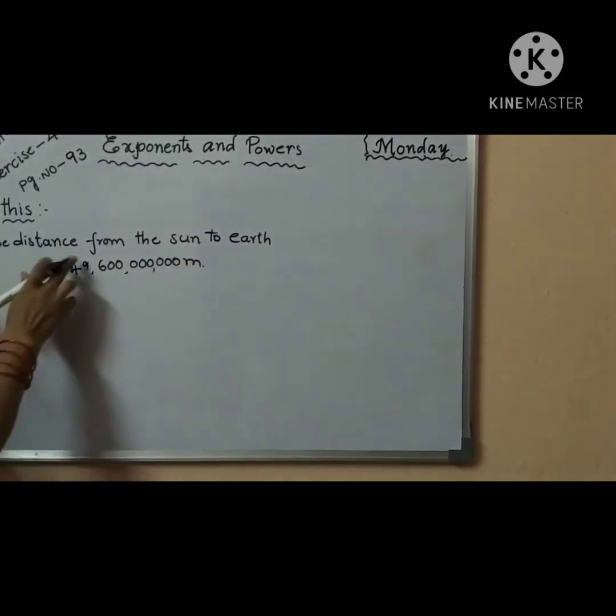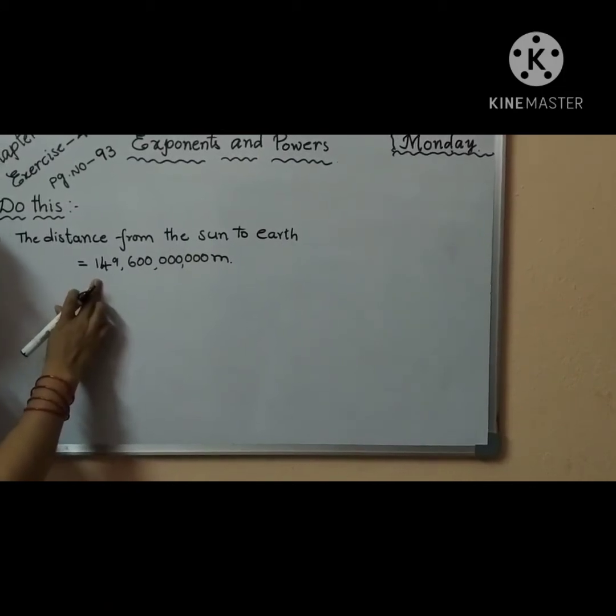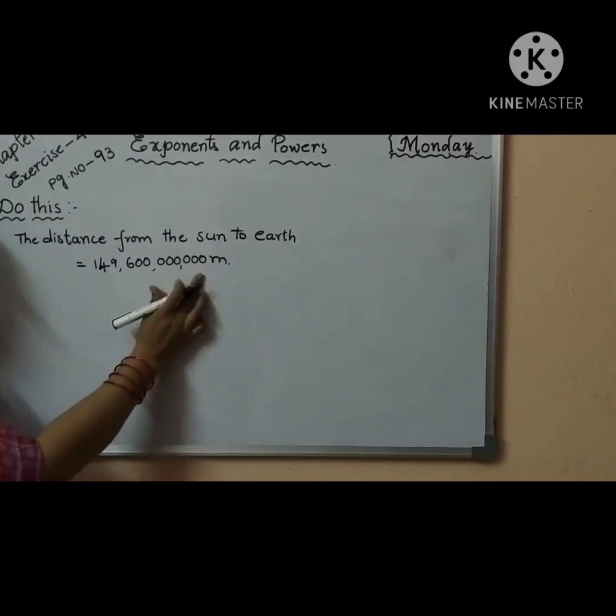Okay, the distance from the sun to earth is 149 billion 600 million meters.